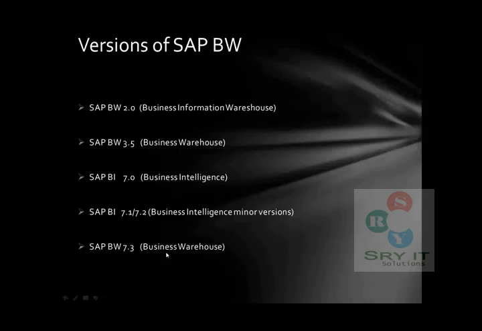That's why you hear SAP BI, SAP BW, and SAP BI 4.0, BO. When you see BW 7.3 or BW 7.0, that is the SAP BI BW system. And when you see SAP BI 4.0, that is the Business Objects reporting suite.